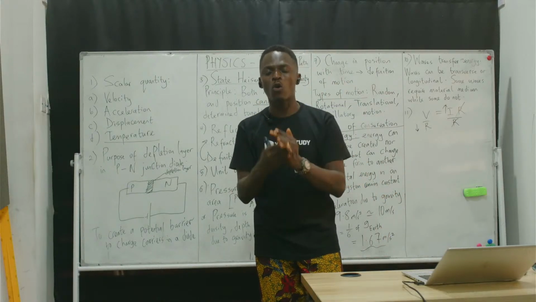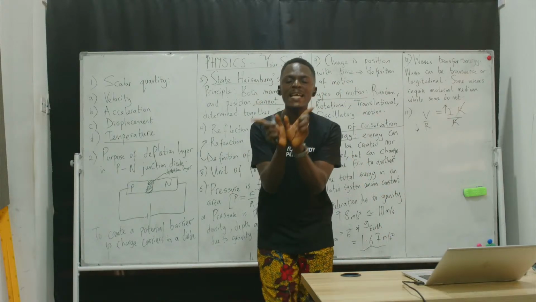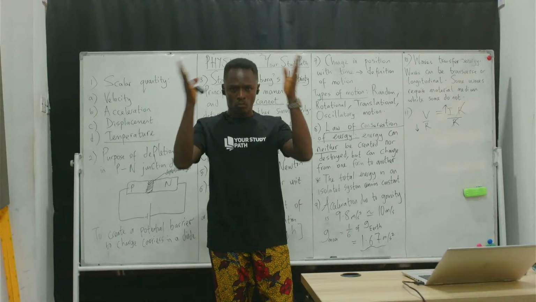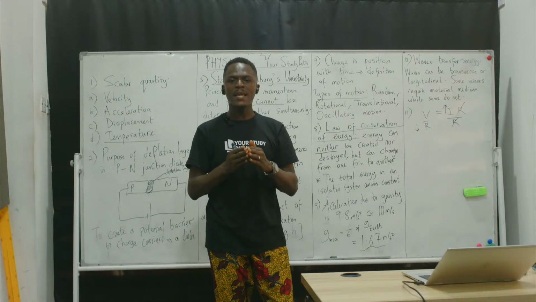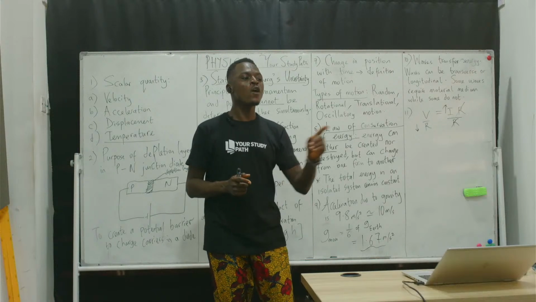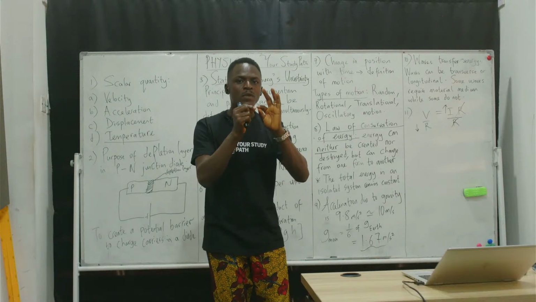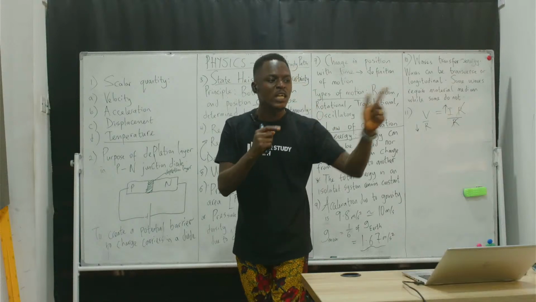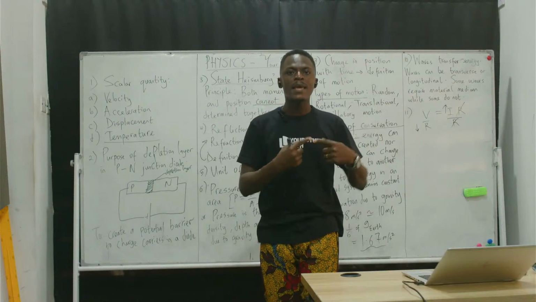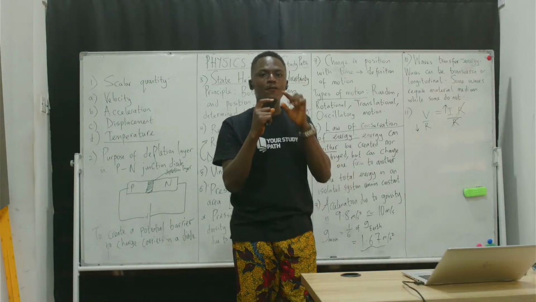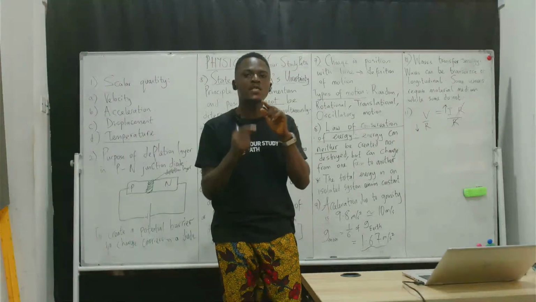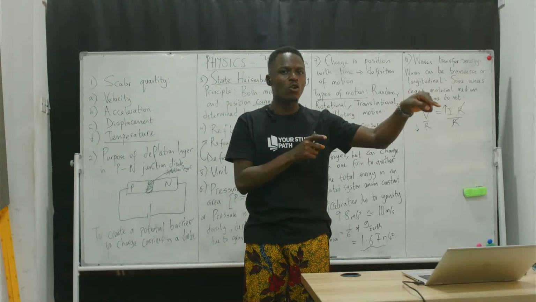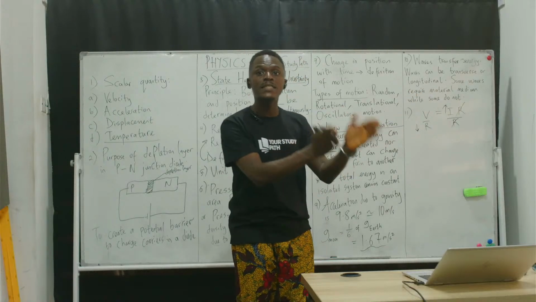What your fuse does is protect your charger against high current, excess current. Once the current coming from the mains exceeds the fuse rating, the fuse is going to cut, and it will not allow that excess current to flow inside your device.